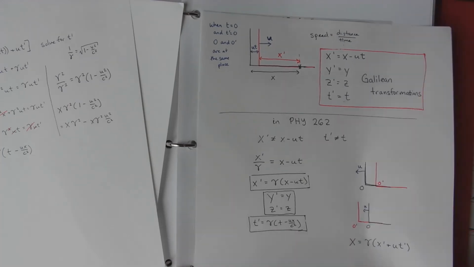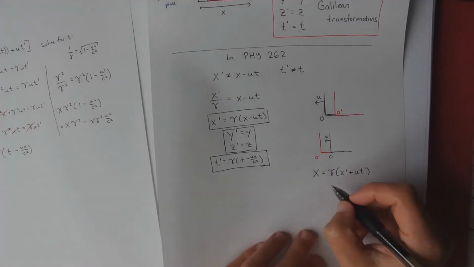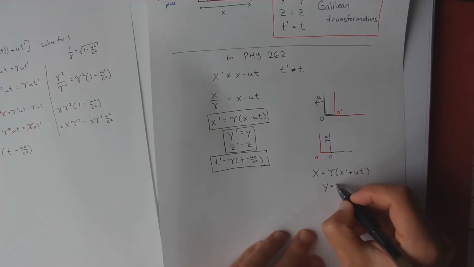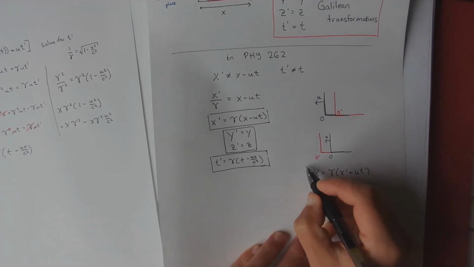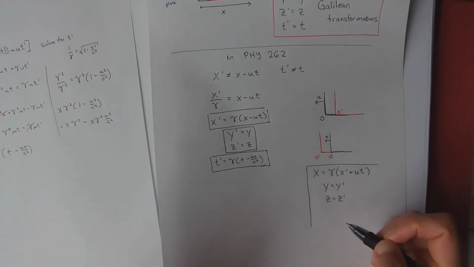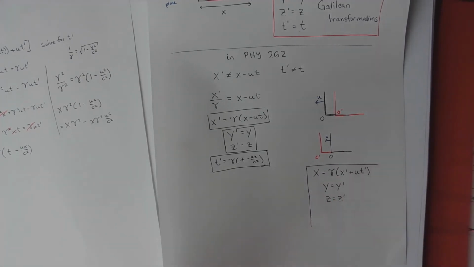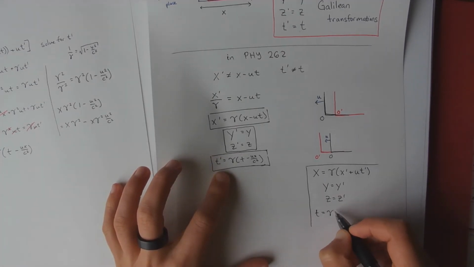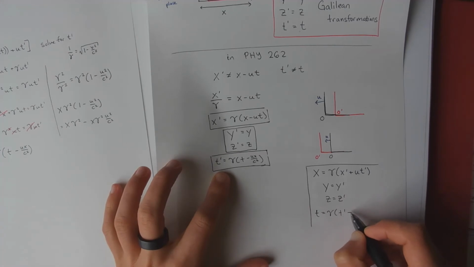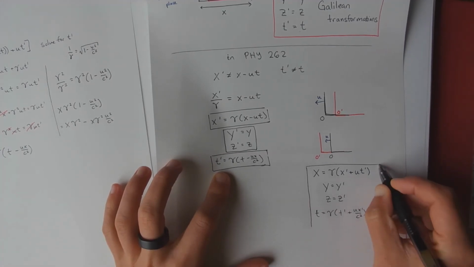And then we have another set of equations, and the y's and the z's are very easy. You just write it the other way around. So z is equal to z prime. And then for the final one, you can change all the primes to unprimes as long as you change the sign of the velocity. So this would be t is equal to gamma times (t prime plus u x prime over c squared).